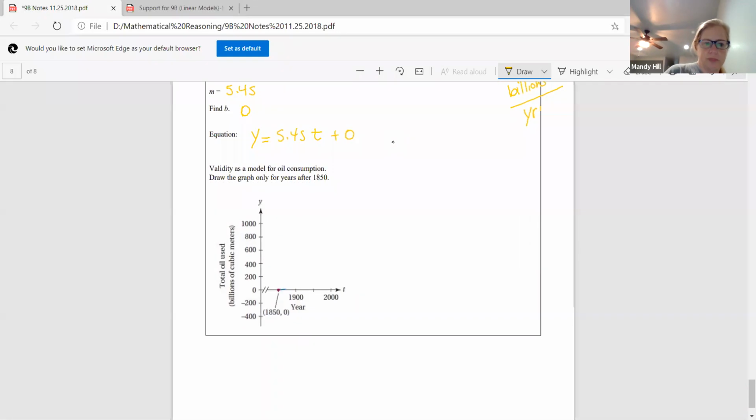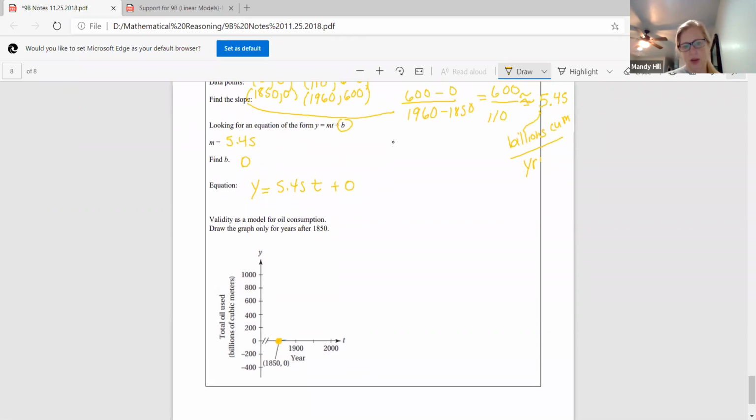It says draw the graph only for the years after 1850. We don't really know what happened at 1850, but we do know our starting point is 0. I'm just going to find some data points.